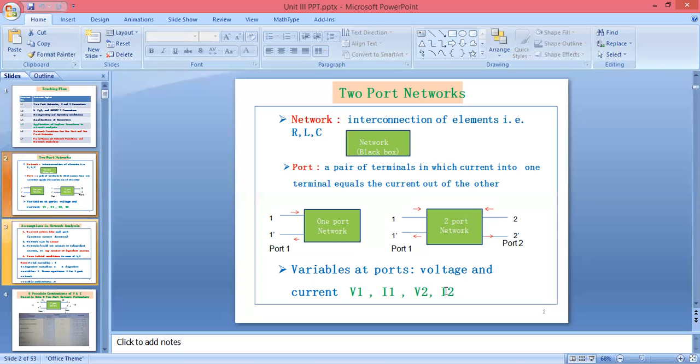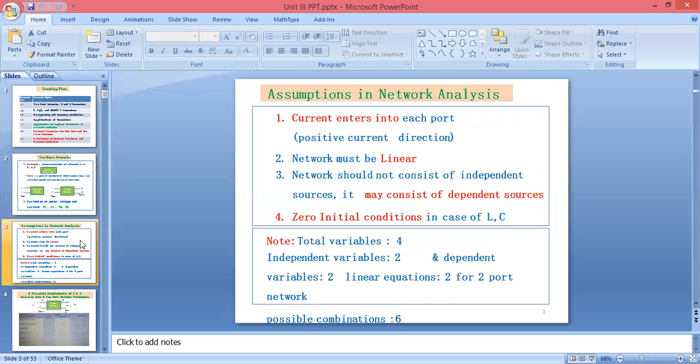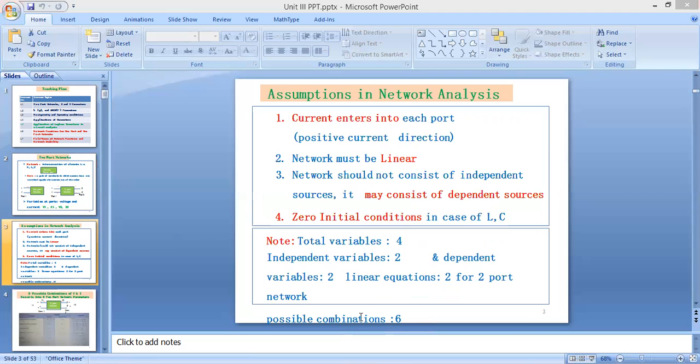Here we have to see the six possible combinations which we will get depending on two dependent variables and two independent variables, because in our two-port network we get four variables, two voltages and two currents.